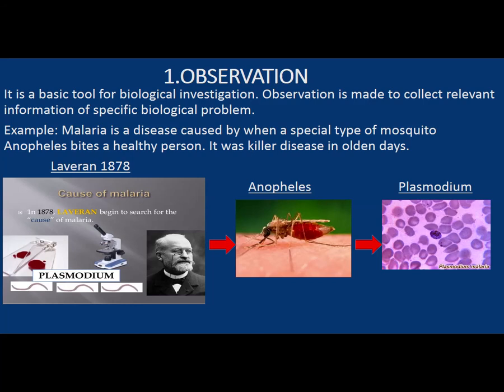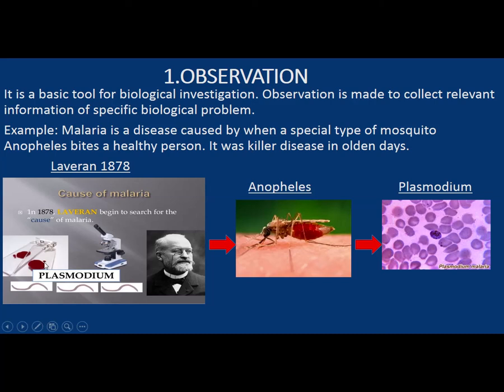Anopheles bites a healthy person and transfers tiny creatures into the blood of the healthy person, and these tiny creatures are called Plasmodium.